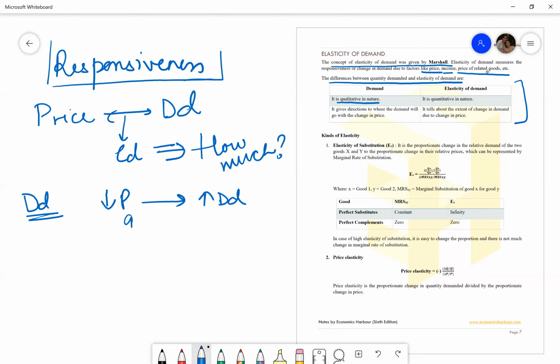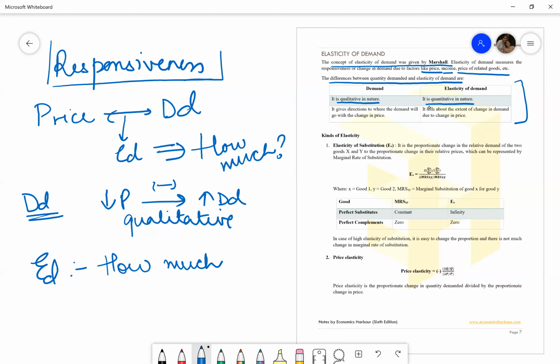It tells you there is an inverse relationship between price and quantity demanded. But the elasticity of demand tells you how much change will take place in the quantity demanded if you reduce the price. As a result, the elasticity of demand is quantitative in nature.